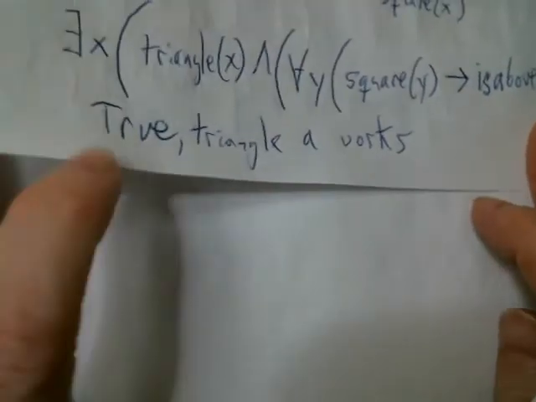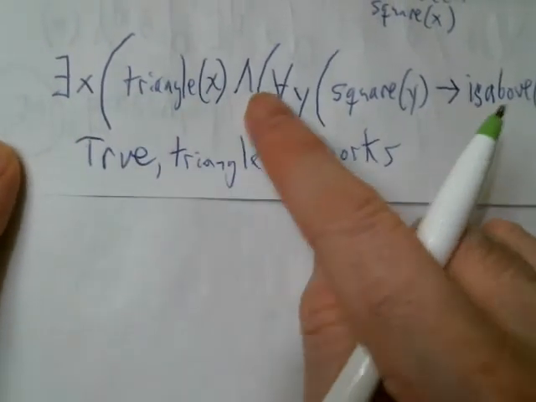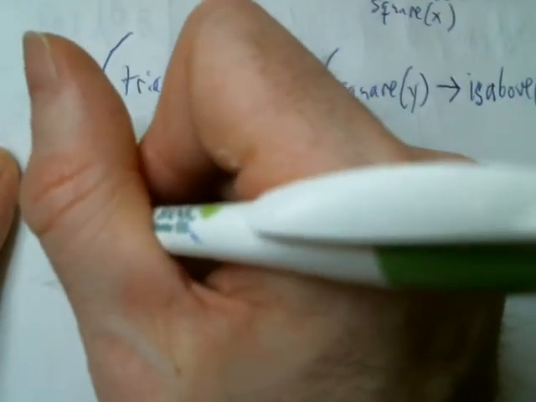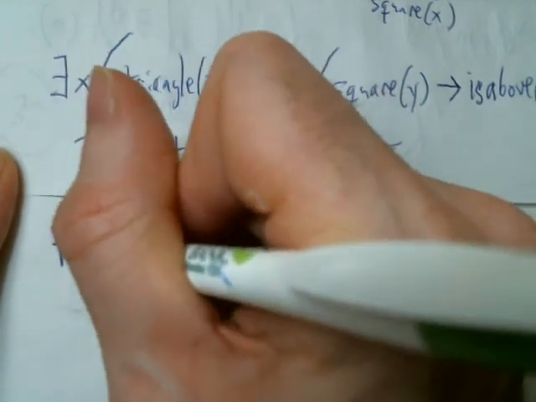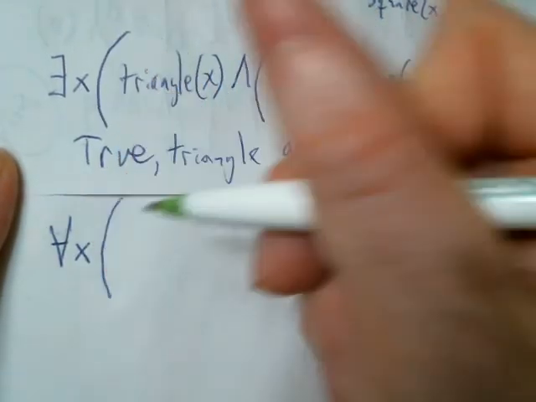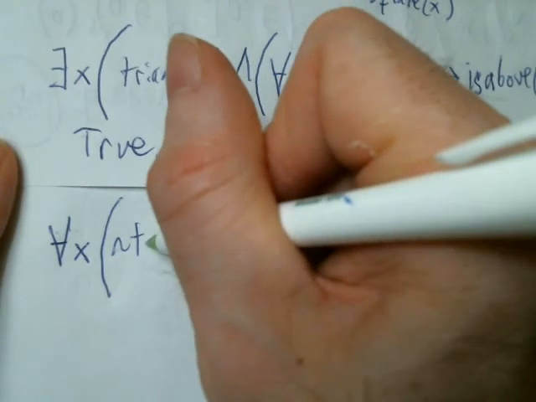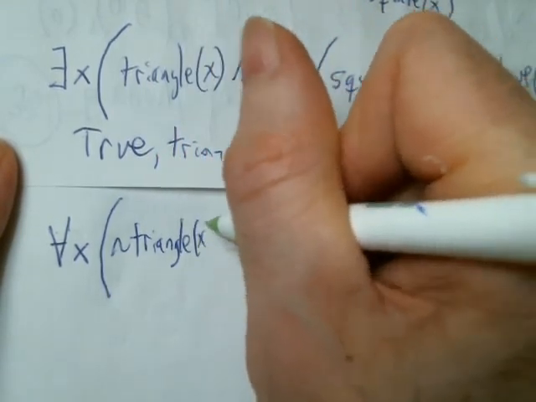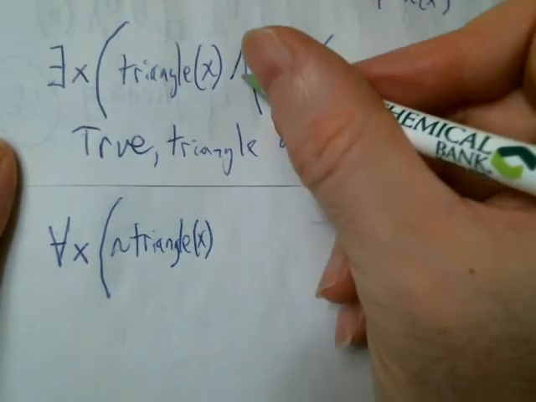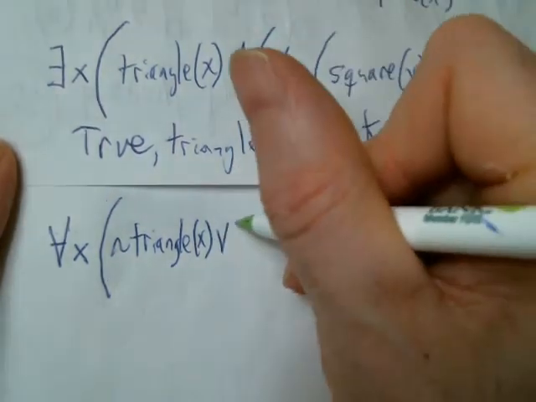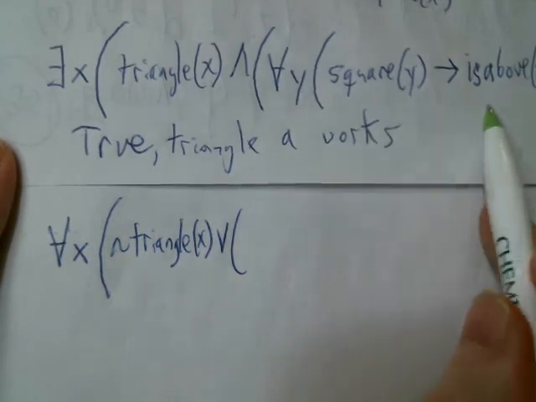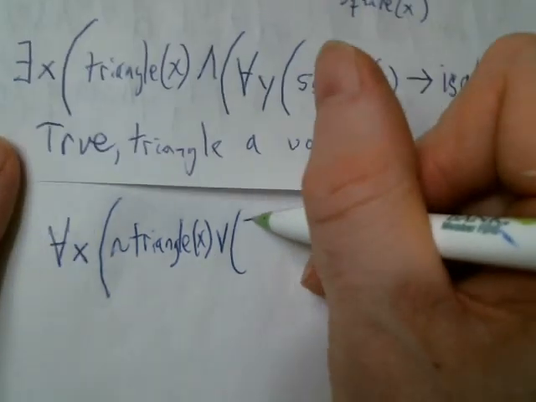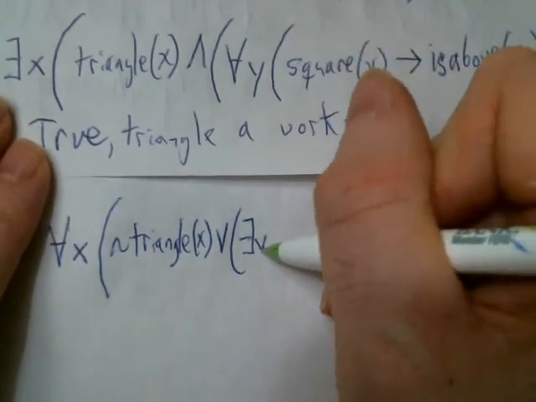So now we go back to this big long thingamajig and first flip the quantifier for all x, and then in parentheses, negate the triangle function there. And then change this to an or. And then we want to negate this universal, so this will become existential.